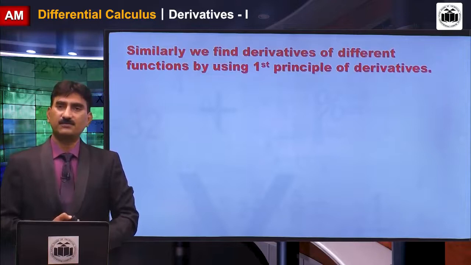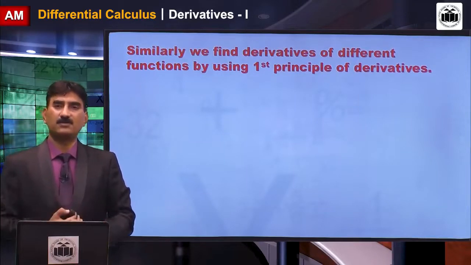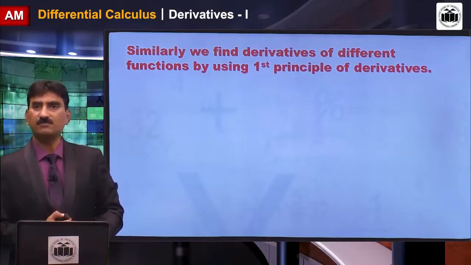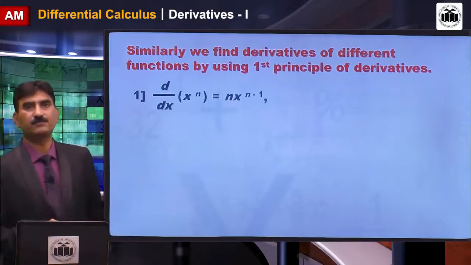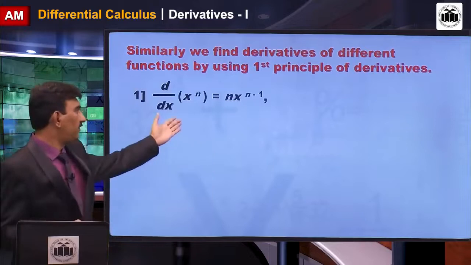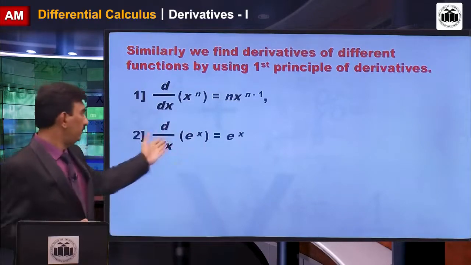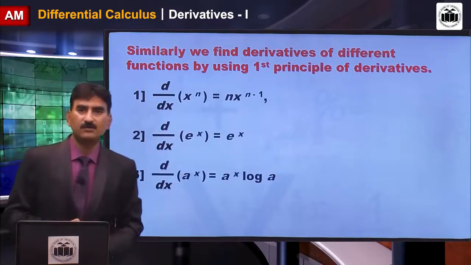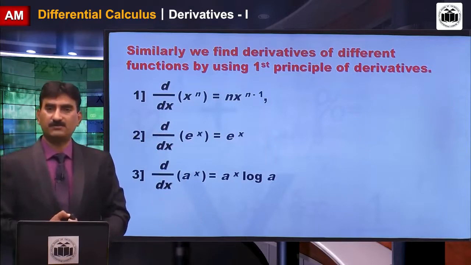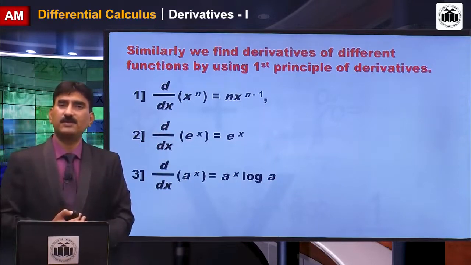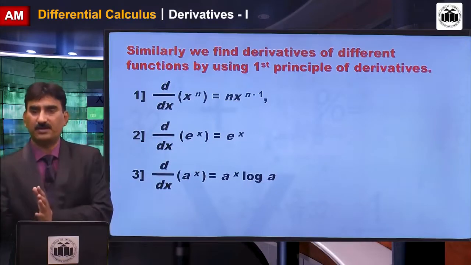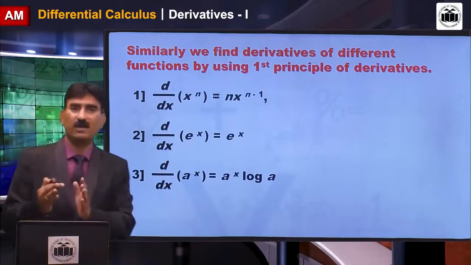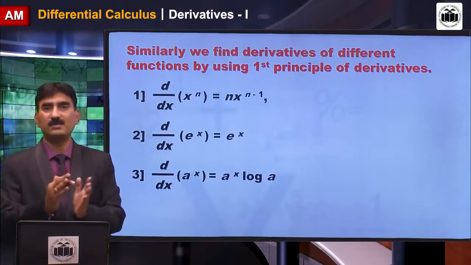Now similarly, we have to find some rules of derivative of different functions by using first principle of derivative. Let's see. Derivative of x raised to n, derivative of e raised to x. Now, derivative of a raised to x. We know the derivative of e raised to x is e raised to x into log e, but the value of log e is 1, so that's why we write only e raised to x.